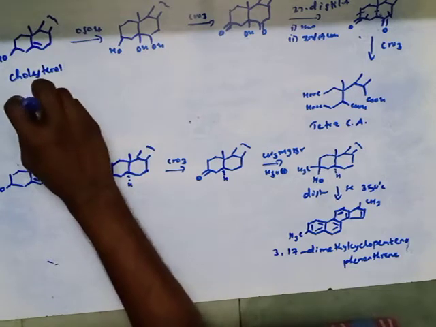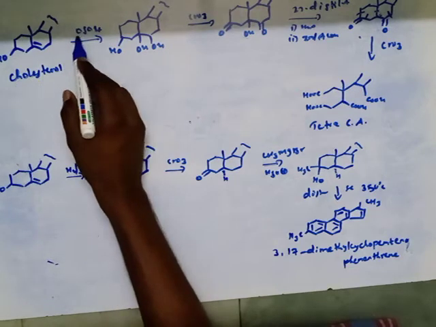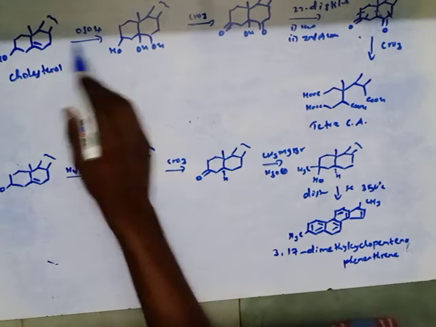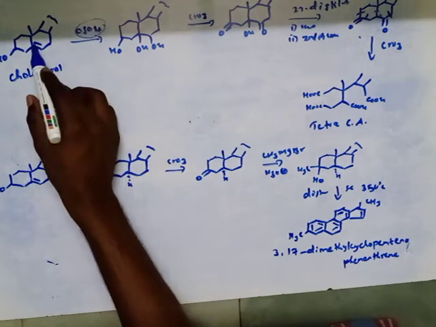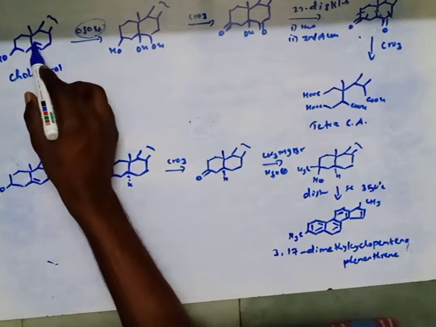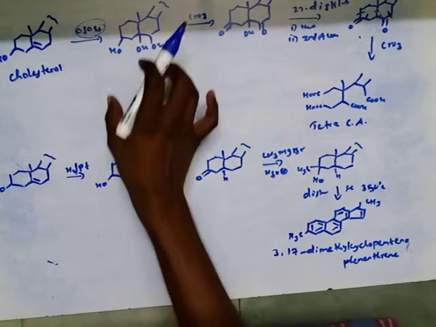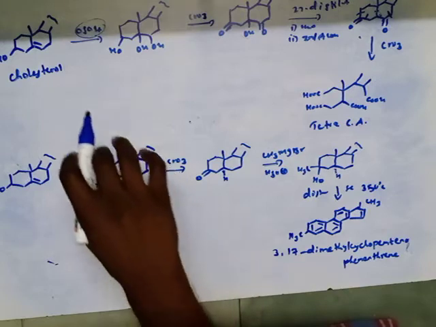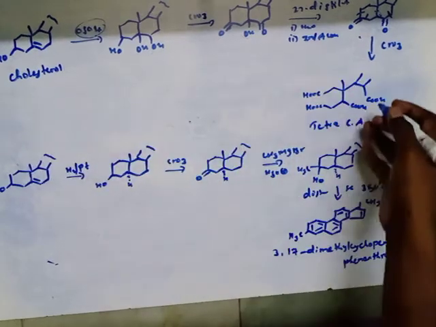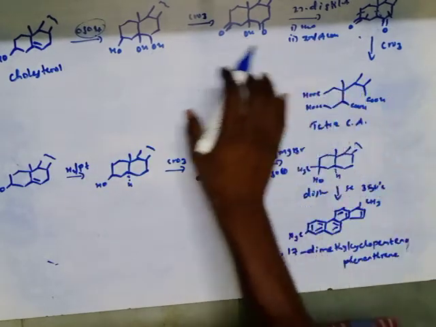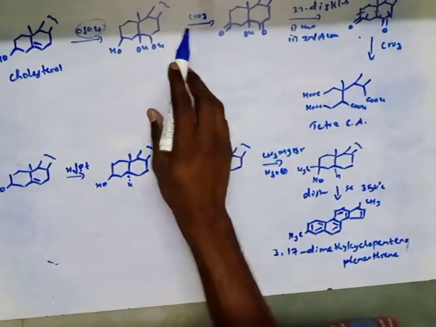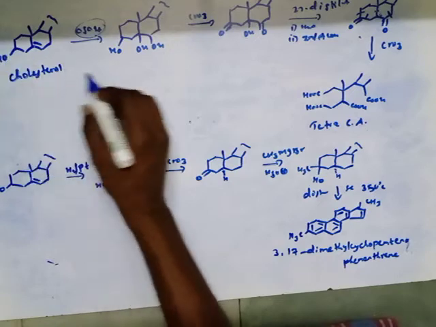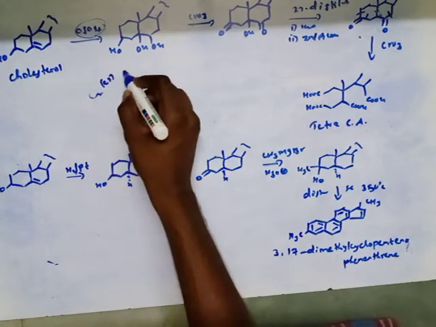The cholesterol can be reacted with osmium tetroxide, which is the dihydroxylation reagent, and dihydroxylation takes place. In the same way it will form a tetracarboxylic acid, and this also indicates that cholesterol contains the OH at position C2 or C3.